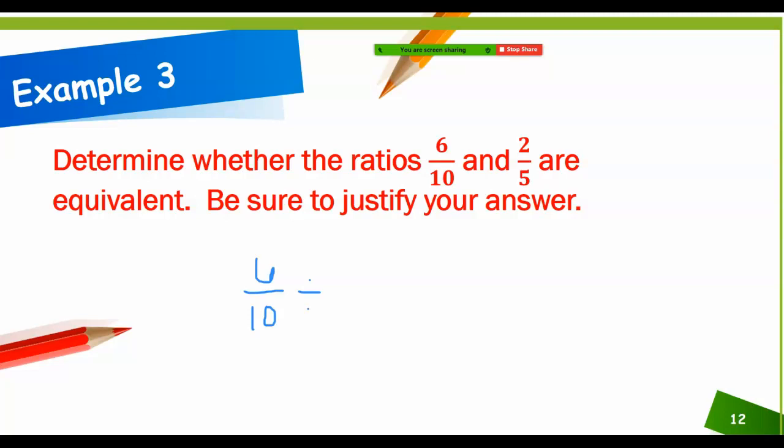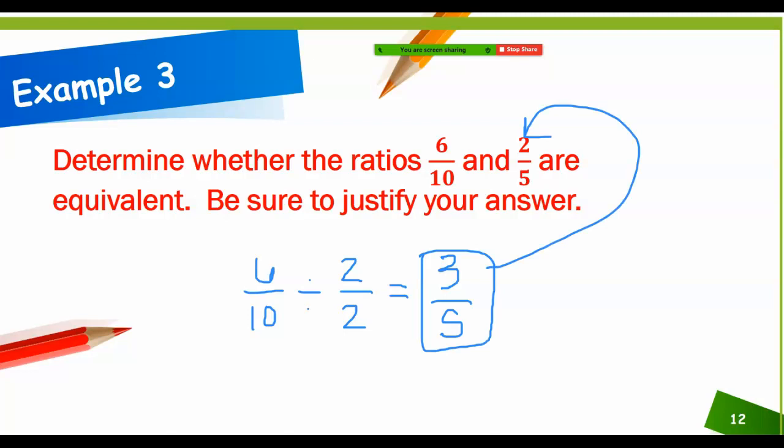Okay, so Logan said let's divide 6/10 by 2/2. So 6 divided by 2 is 3. 10 divided by 2 is 5. Is 3/5 2/5? No. So my 9 no's had it. Those are not equivalent. 3 and 2 are not the same.